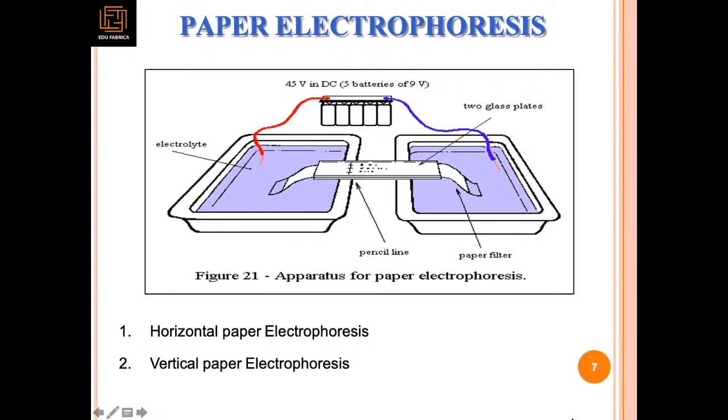In this diagram, we have a 45-volt DC battery and electrolytes on the left and right with the positive and negative electrodes, and two glass plates in between. We have the paper for paper electrophoresis, and this could be of two types, horizontal and vertical.